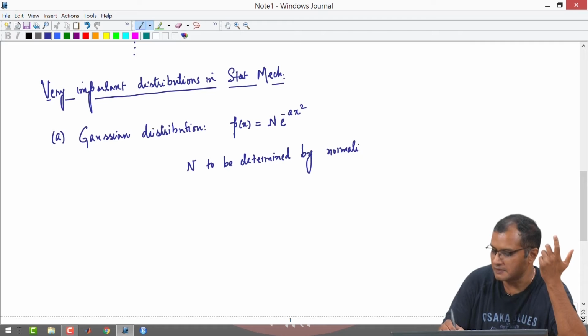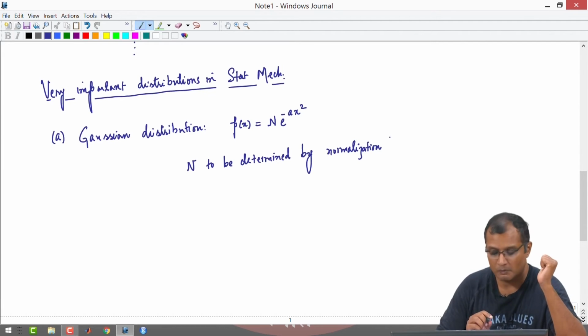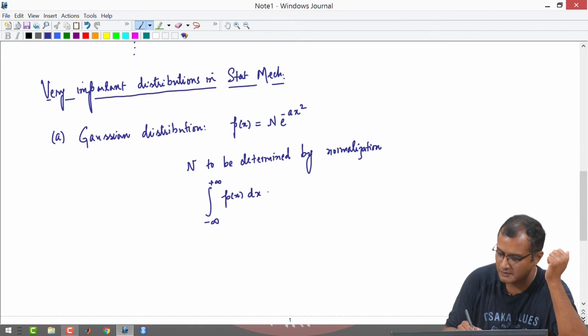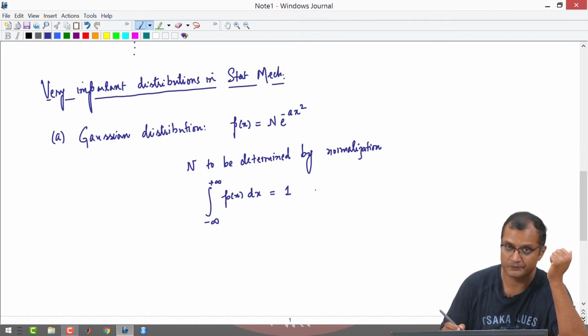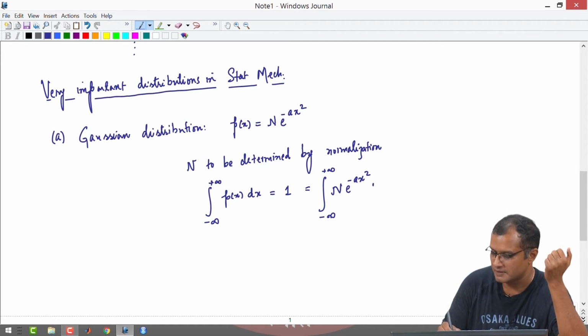Okay, it is a very important condition on any PDF that it should be normalized. So, our normalization condition is the integral of p of x dx should be equal to unity. The left hand side is nothing but the integral of n e raised to minus a x square dx.